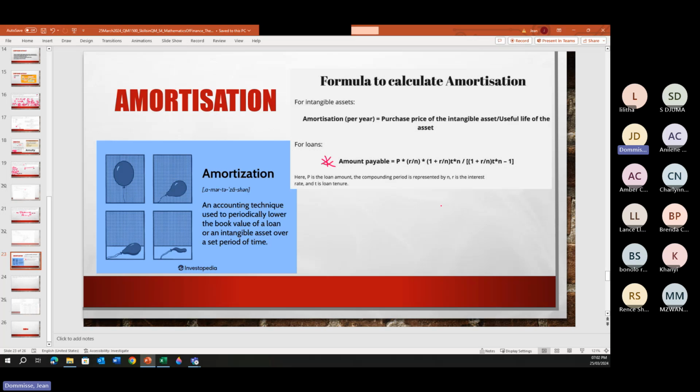They work out the interest on it, and you basically pay a fixed amount every month if the interest rate stays the same. So if you have a personal loan, it works exactly the same.